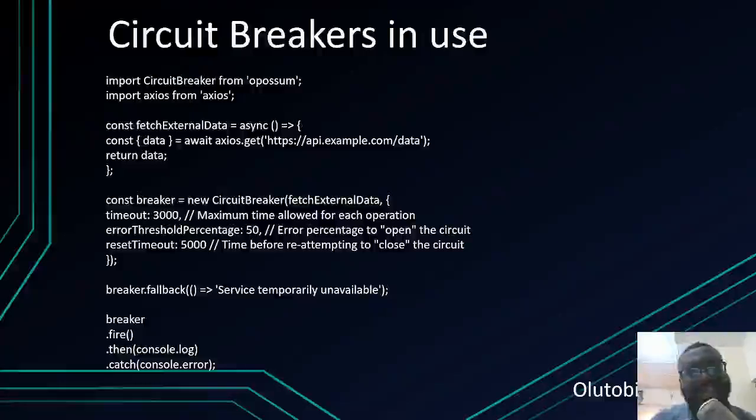Say the timeout is 3000 milliseconds, the error threshold percentage is 50%, and the reset timeout is 5000 milliseconds. That is the time before it goes into the half open state. Then you use the circuit breaker, you fire it, and it sends that request down to the downstream service. So this is basically how a circuit breaker works in essence.